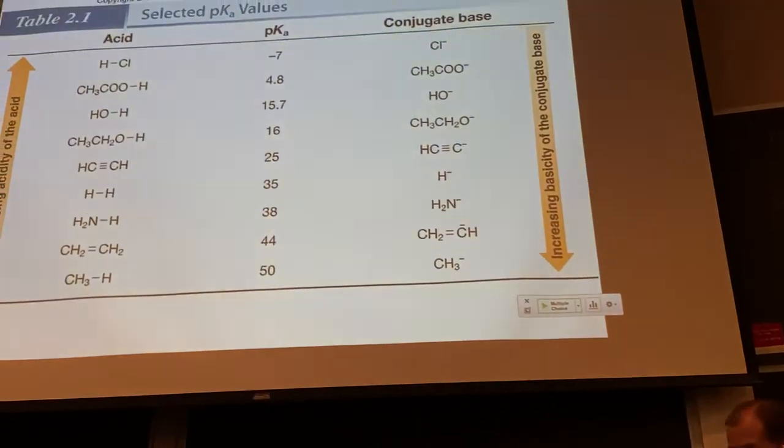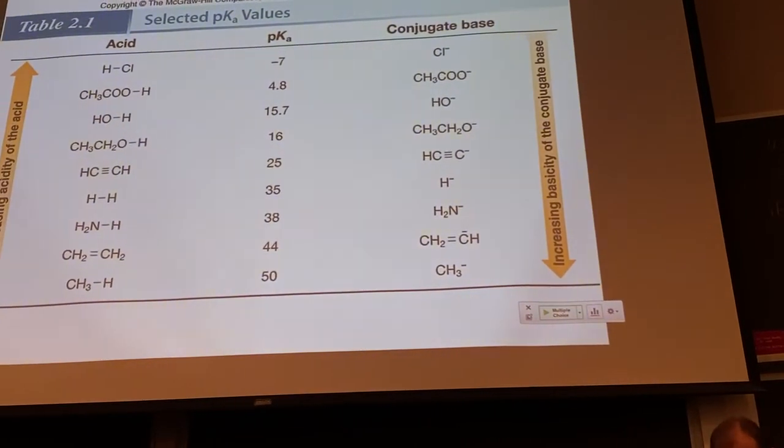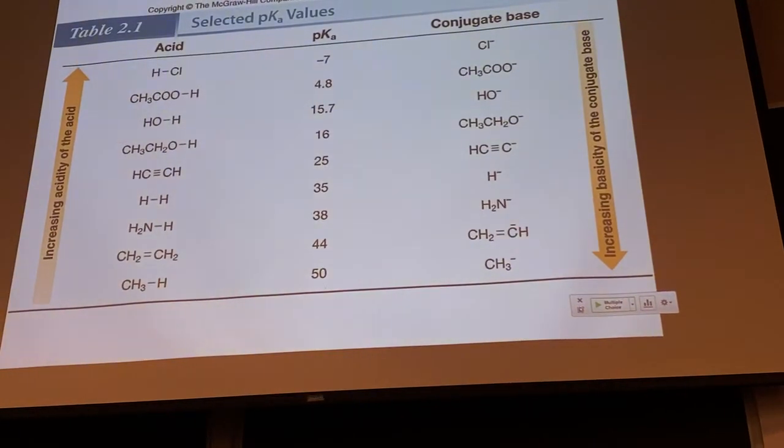Okay? And so we see an inverse relationship between the acidity of an acid and the basicity of its conjugate base. Strong acids have weak conjugate bases. Weak acids have strong conjugate bases. Okay? So we can see that from this particular table.